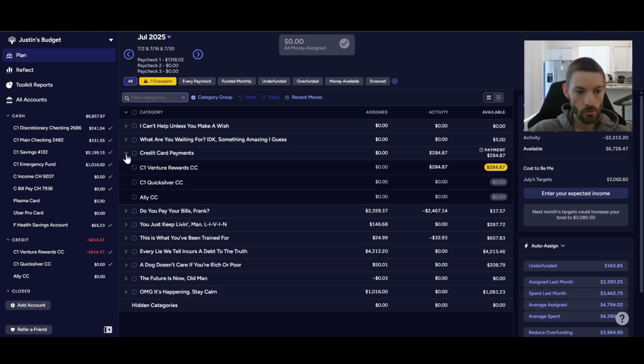The credit card group, that has stayed the same. You can't really rename that. I wish I could. I would name it to something else, but that is just a staple in my life. I don't go into debt using my credit card.